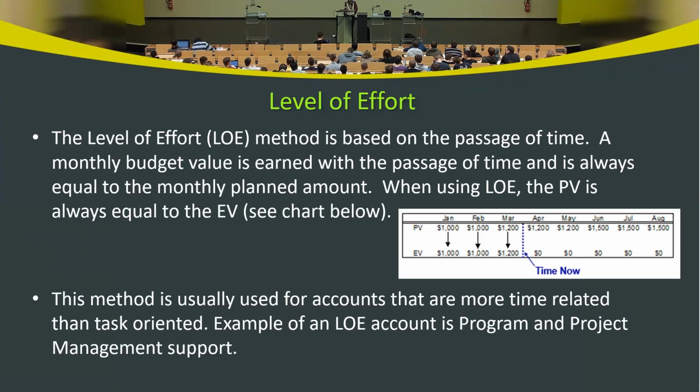Now, level of effort. Level of effort is related to the time spent, the passage of time. That's the basis of this method. But one thing you should note is that when you use level of effort, earned value is always equal to planned value.